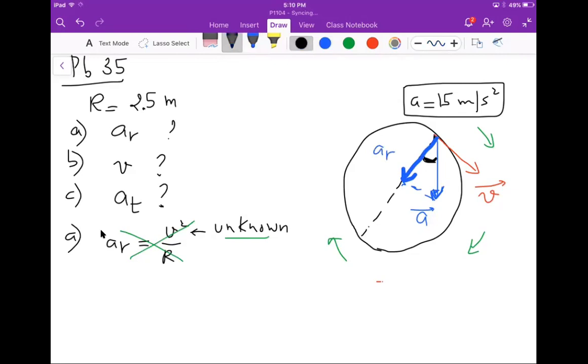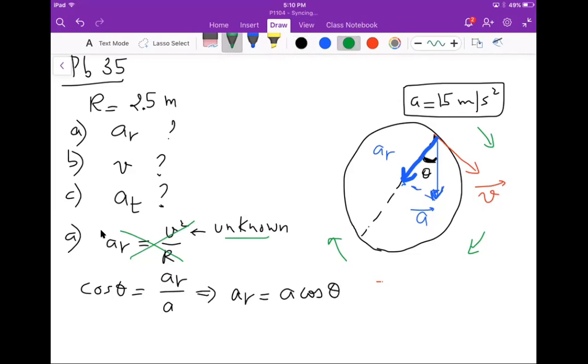Now let's call the angle between A and the radius theta. Then you can see simply that cosine theta is given by the adjacent side, which in this case is AR, divided by the hypotenuse, which is A. So from here we deduce that AR is equal to A multiplied by cosine theta.